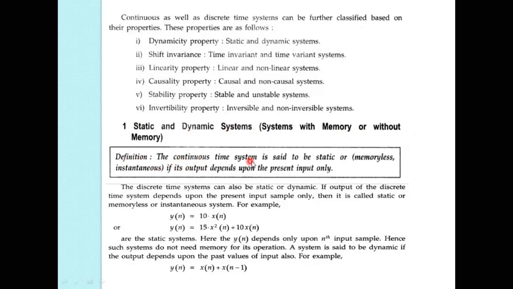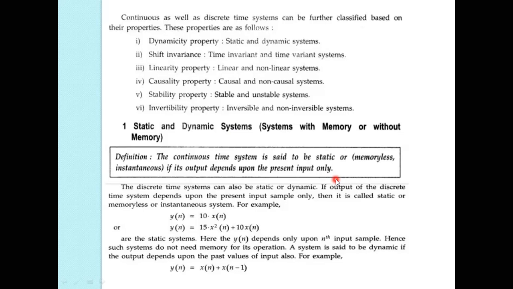A continuous time system is said to be static, or static is nothing but memoryless or instantaneous, if its output depends upon the present input only.